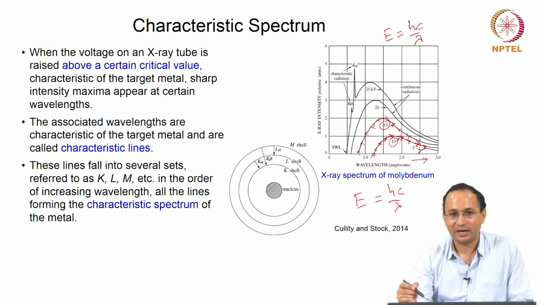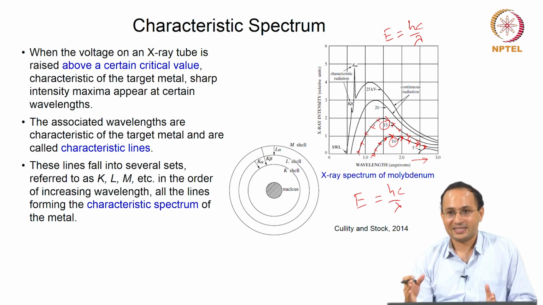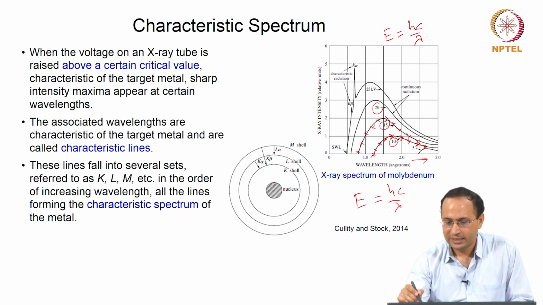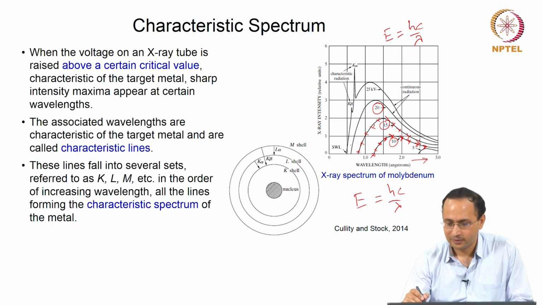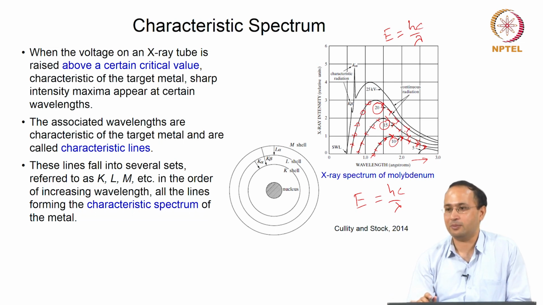As you are increasing this voltage, you are accelerating the electrons. To 20 kV, again you see a shift towards left, and a similar spectrum. It is called continuous or white radiation.